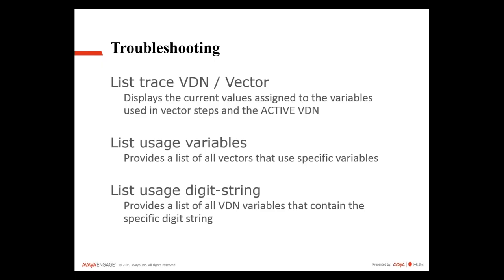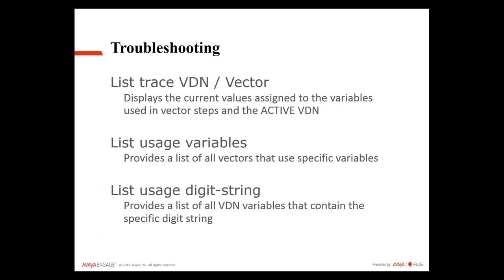So troubleshooting. This becomes really important when somebody calls and is like, why am I getting calls to this team? It doesn't make any sense. And you can go through, do a list trace on the VDN or the vector. It's going to show you, especially if you're setting and stuffing, exactly what variables it's inserted and where things go, so that you'll know, oh, okay, the override is set incorrectly, so it's putting in the wrong skill set or something like that.